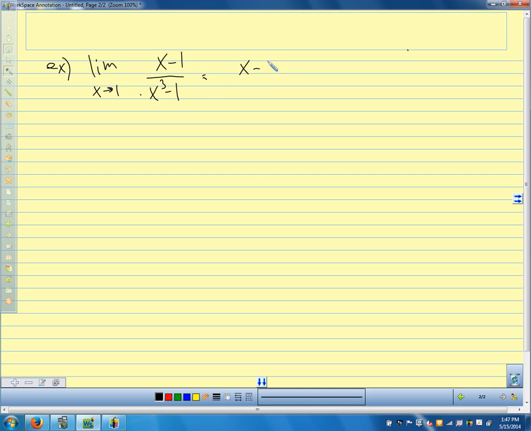So, we need to factor this denominator. How do we factor this? x minus 1 times x minus 1 times x minus 1. Almost. Not quite, though. It's a little more. No, that won't work.